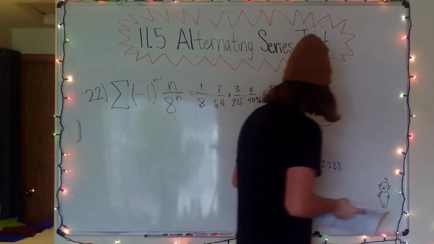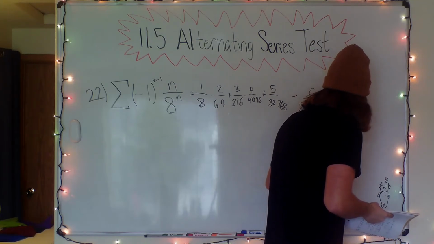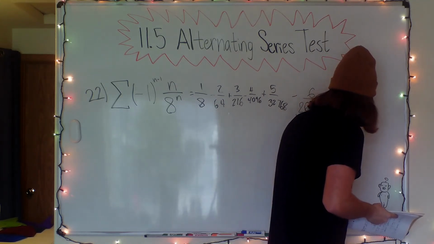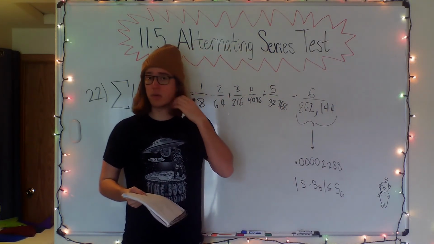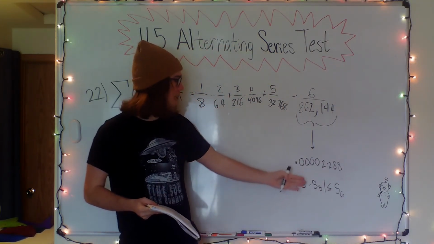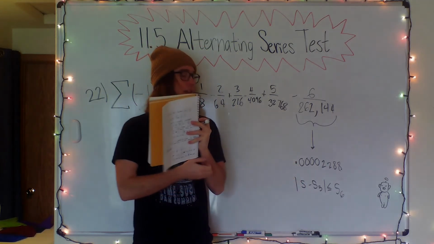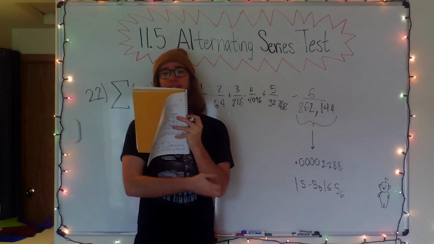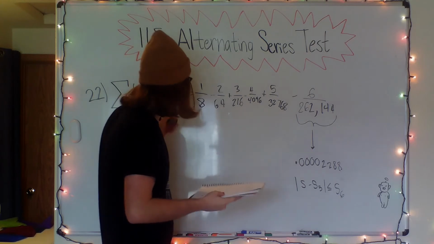We know that s minus s5 is going to be less than or equal to s6, and because s6 is zeros in 4 decimal places, s5 will be correct to 4 decimal places, and the only variation will be at the 5th decimal place. So we need to figure out what these 5 terms add up to.